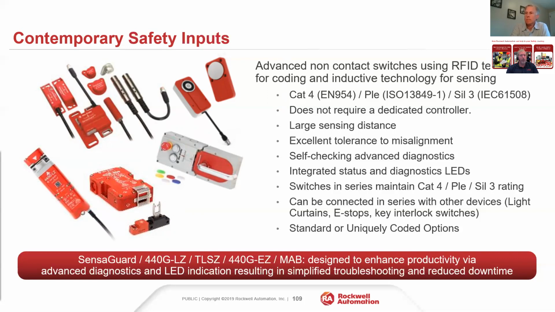But they can also be implemented in what we call uniquely coded. The standard actually calls it high coding now. We released our product before the standard was completed, so we should probably go back and change that to high coding, but our literature says uniquely coded.